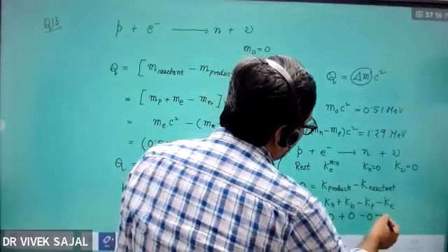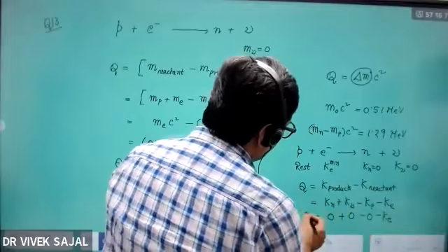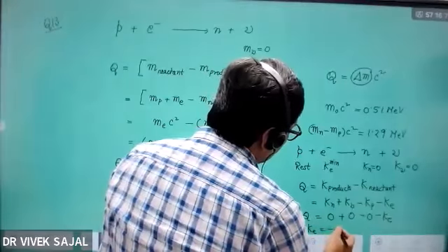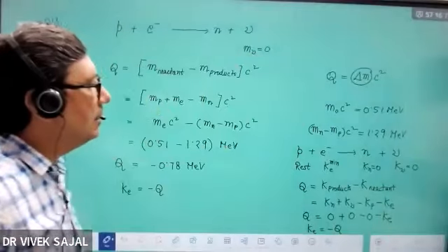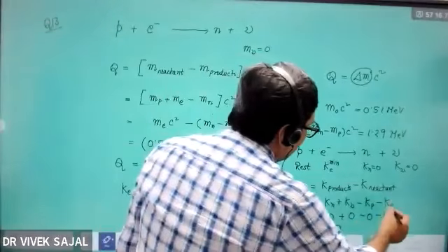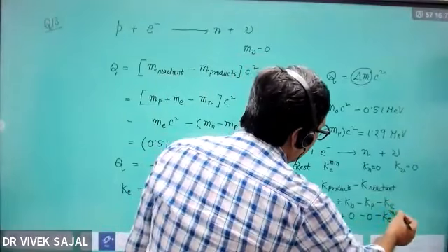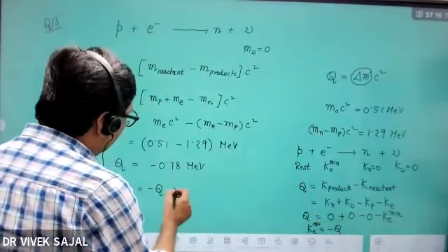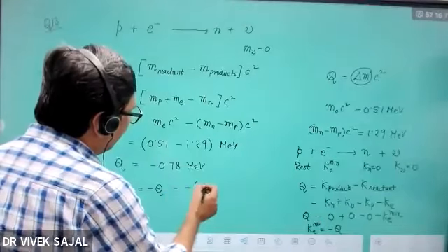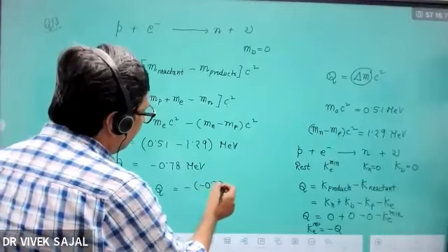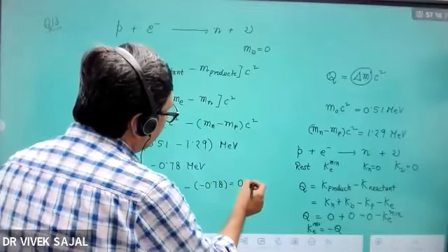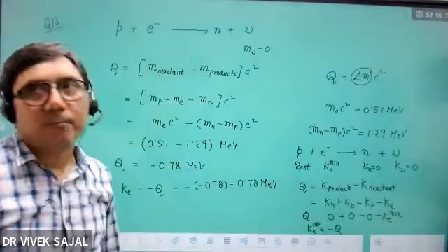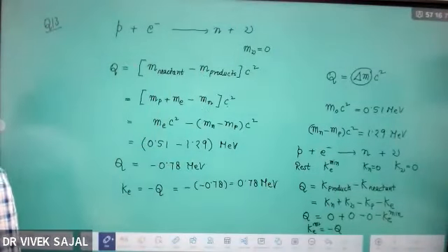This was at rest, so 0 minus K_e equals Q. So what will be K_e? That will be minus Q. So the minimum kinetic energy required, we are taking it as K minimum, is minus Q, which is equal to minus minus 0.78, that is 0.78 MeV. This will be the kinetic energy.